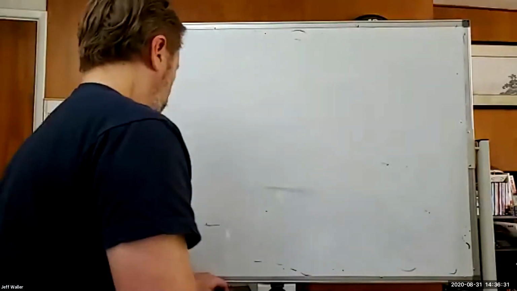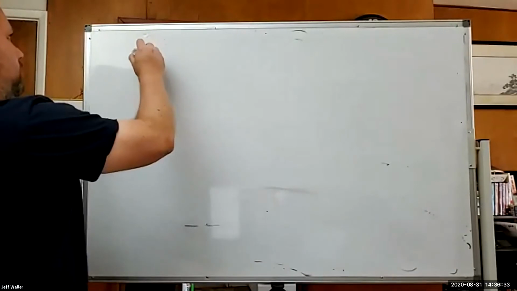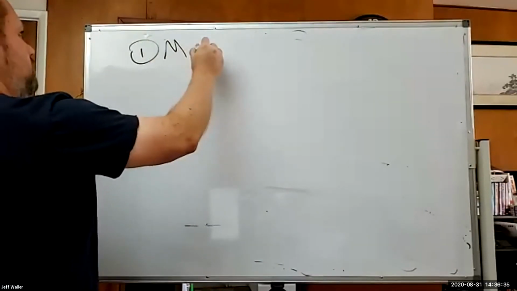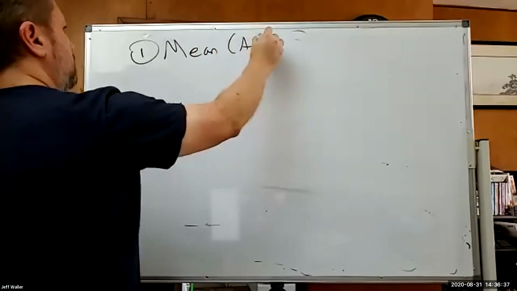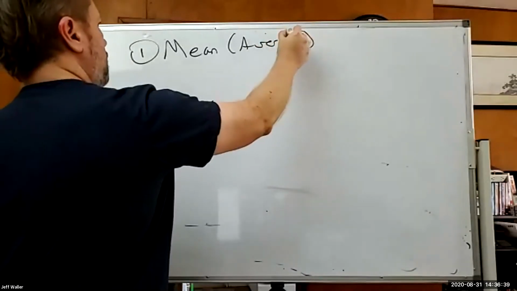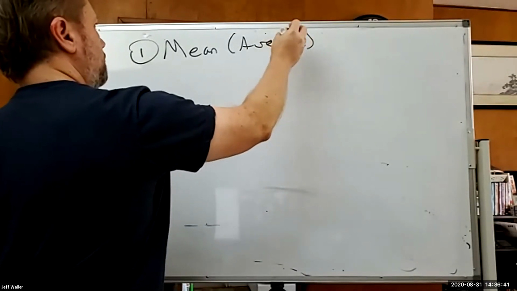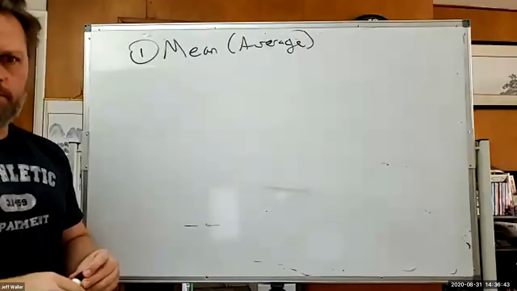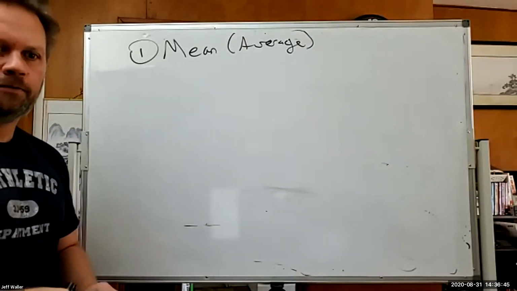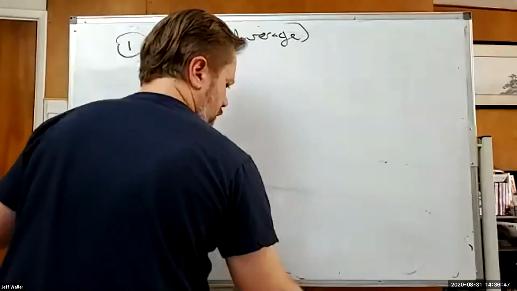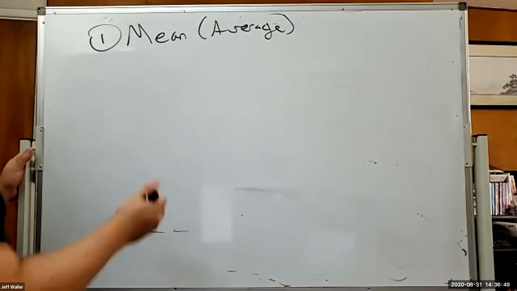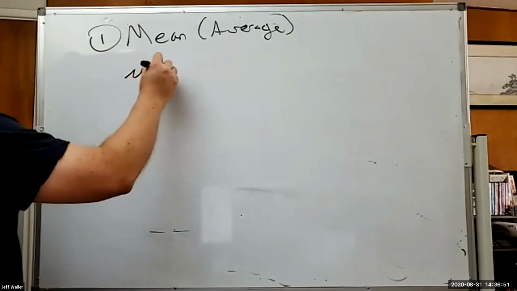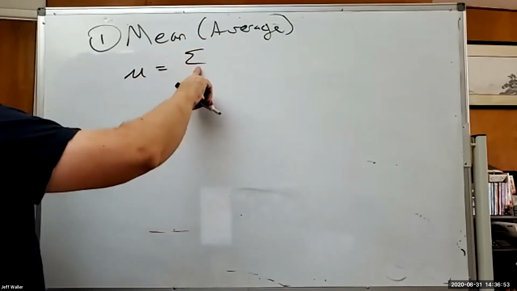So we're going to get back into what we started getting into, the measures of center. So we talked about mean, which is the math name for average. I wanted to do a little bit more with this, where we saw our first Greek letter.